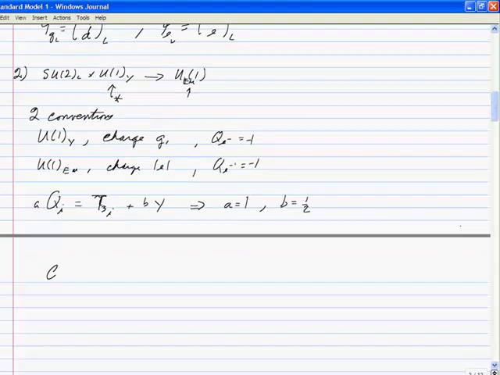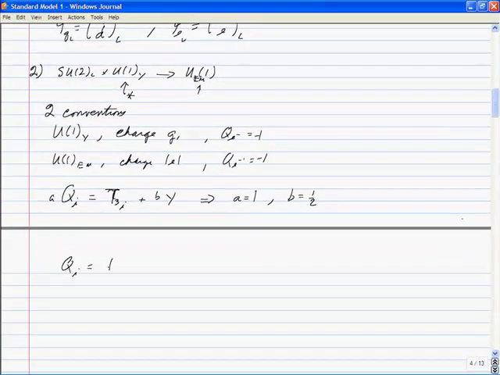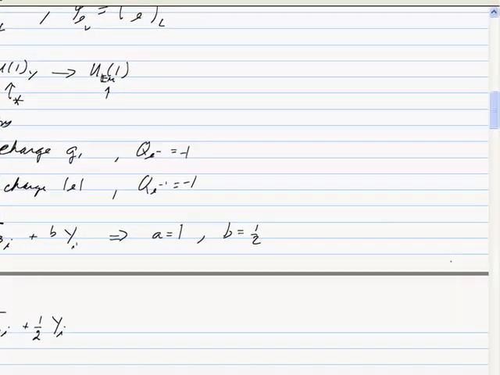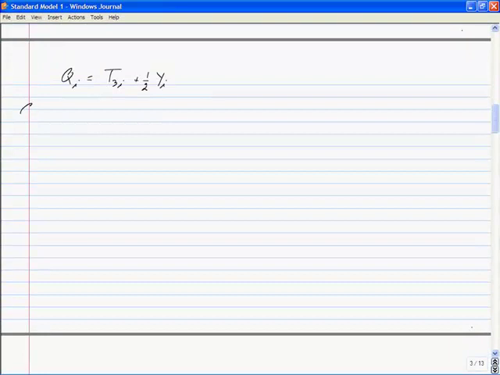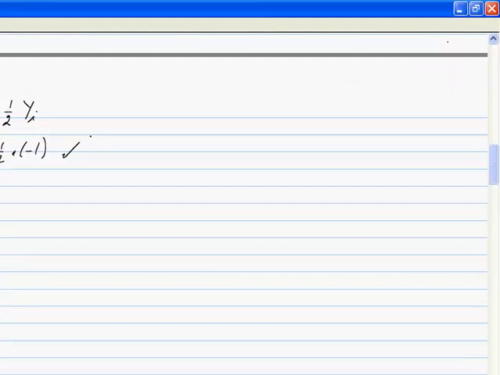So Q is T3_i plus 1/2 Y_i. To check this for the electron, the -1 is the definition of the charge there. Its isospin quantum number is -1/2 plus 1/2 times -1 was its hypercharge by definition. Okay, so that works out.